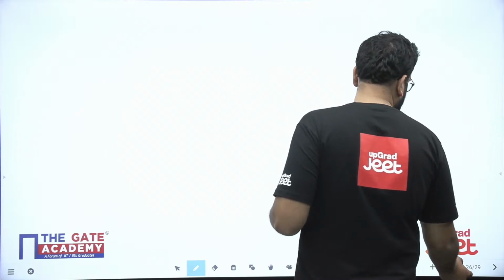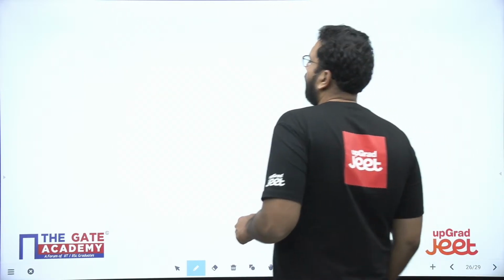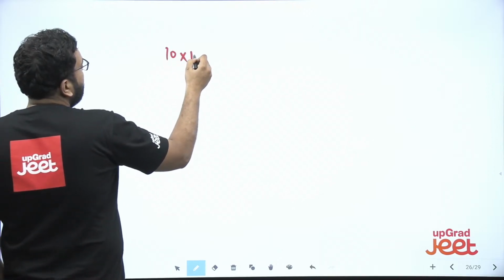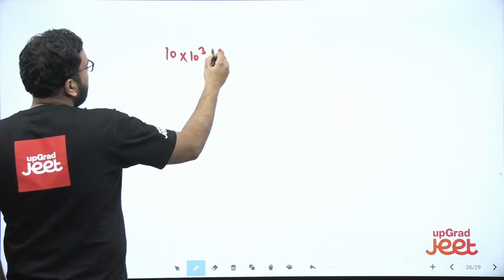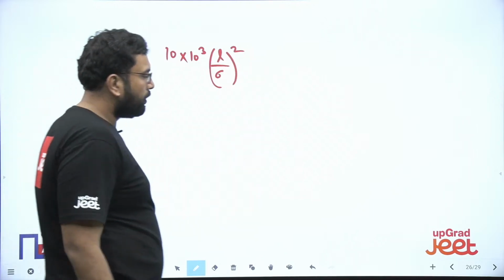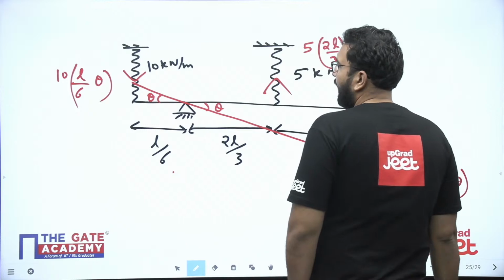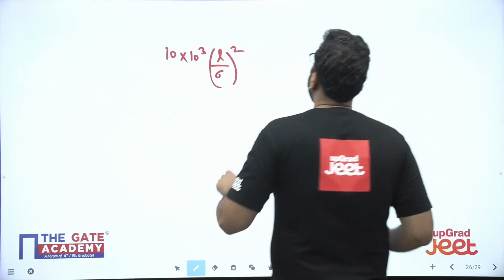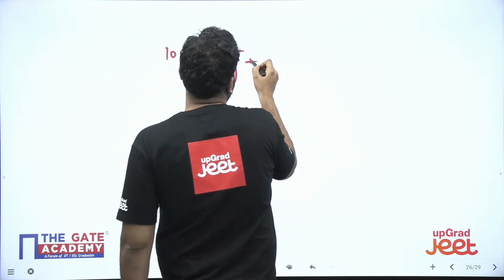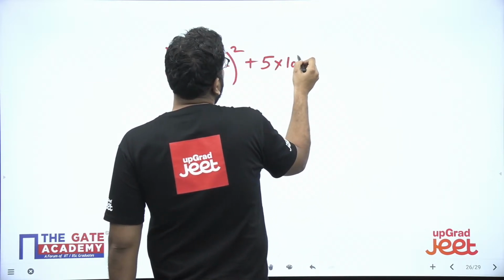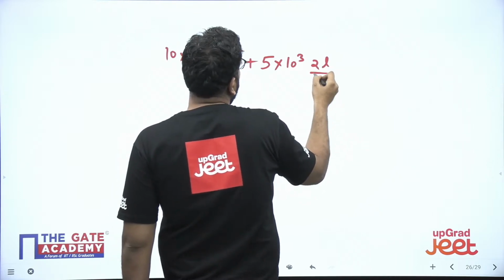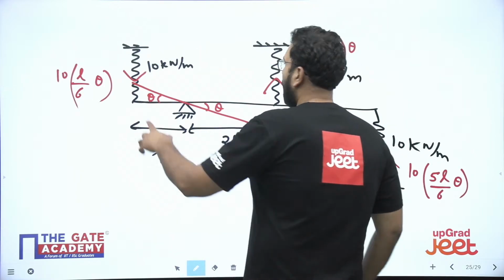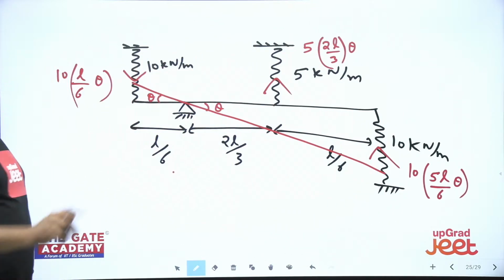Let's do the thing that we do always. We are having 10 into 10 to the power 3 into L by 6 whole squared. Then we are having 5 into 10 to the power 3 into 12 by 3 whole squared. Plus, all are giving the moment in the same anti-clockwise direction.